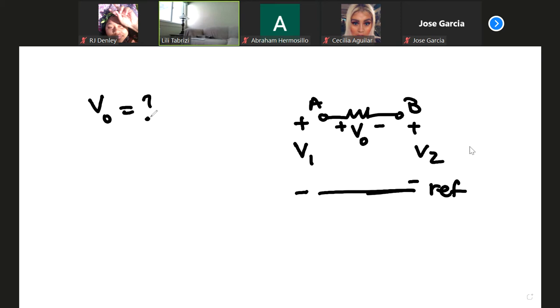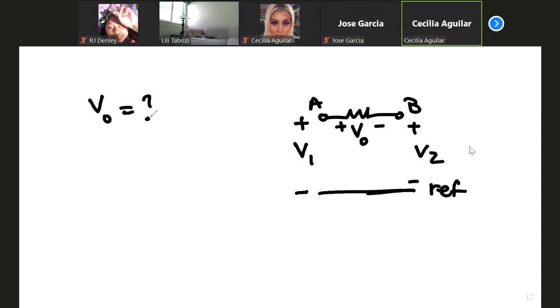This is the thing that you should know from the first part of the course. Aguilar, are you here? Okay, what is V0? Just use KVL for this loop for me. V1 plus V0 minus V2 equals 0.